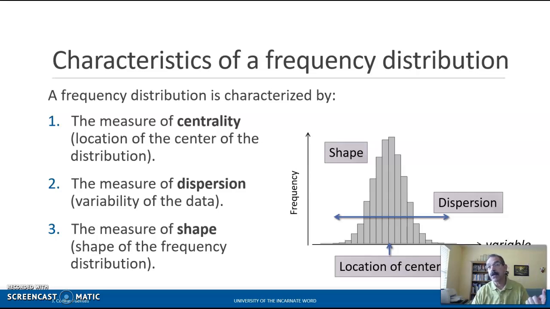The measure of location tells us where the center of the distribution is. The measure of dispersion tells us how variable the data is, or how dispersed it is. And the third one is the measure of the shape of the frequency distribution. So we're going to be dealing with three types of statistics and three types of parameters: the measure of centrality, the measure of dispersion, and the measure of shape.